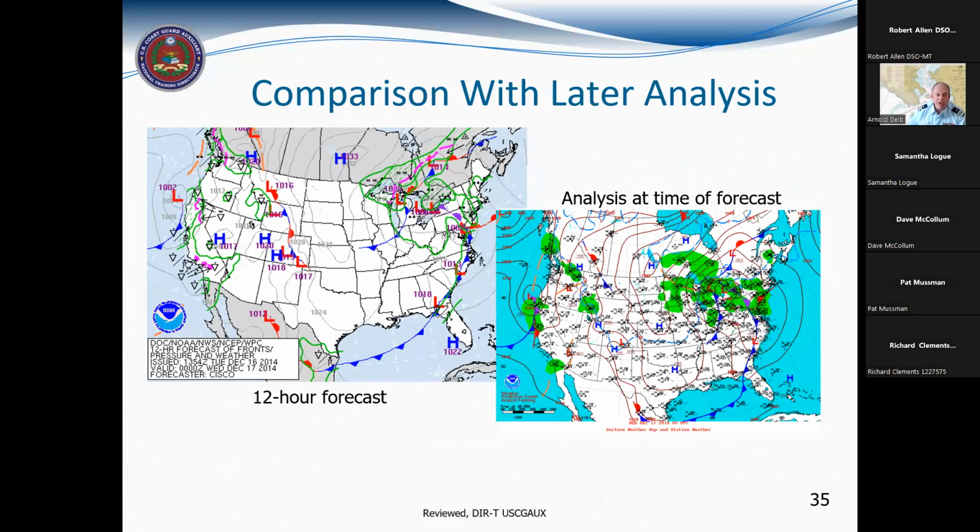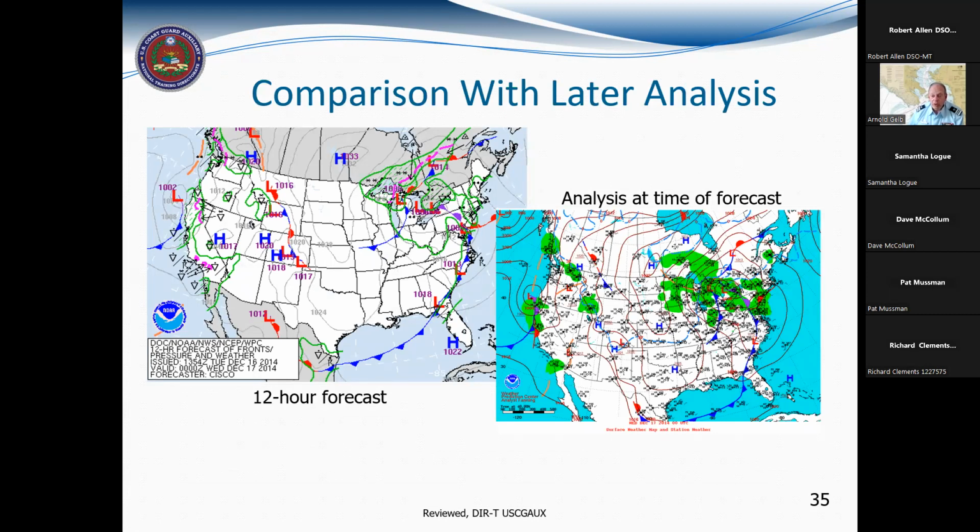Here's a comparison now between the analysis at the time of forecast on the right with the 12-hour forecast on the left. And this basically shows a lot of similarity between the forecast on the left and what the actual analysis ended up being on the right.